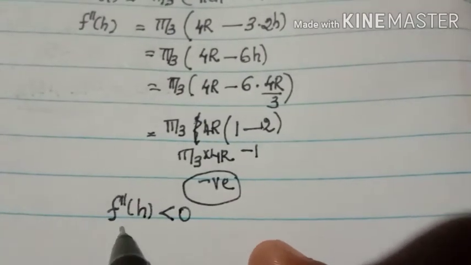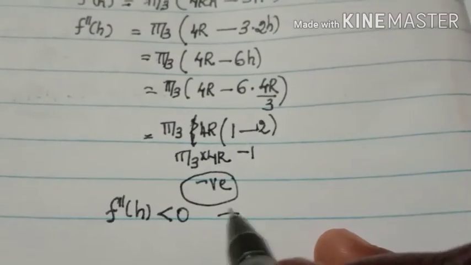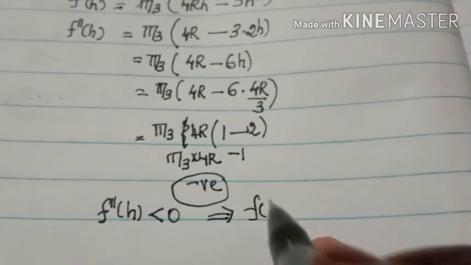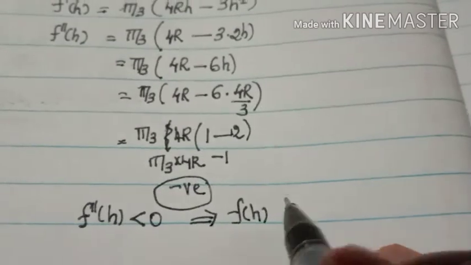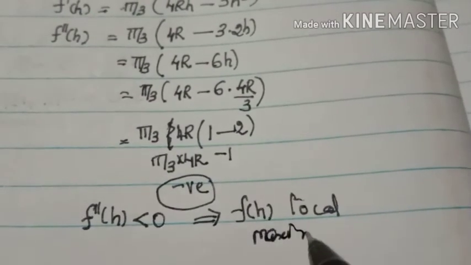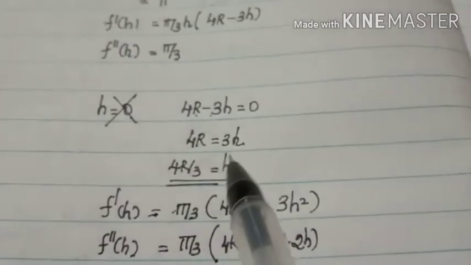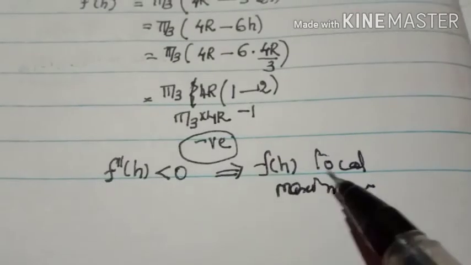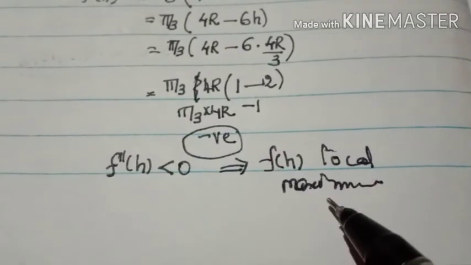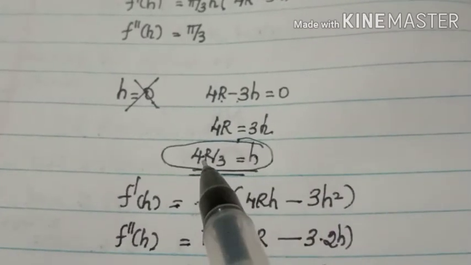So by our second derivative test, second derivative less than 0 implies the given function is said to have a local maximum, and the local maximum is at the point h equal to 4r by 3.